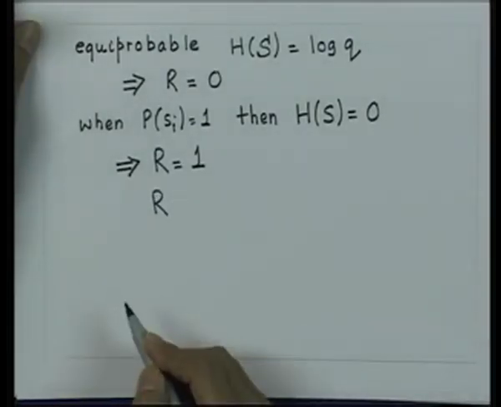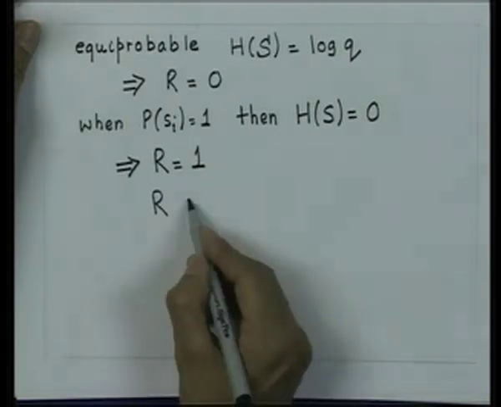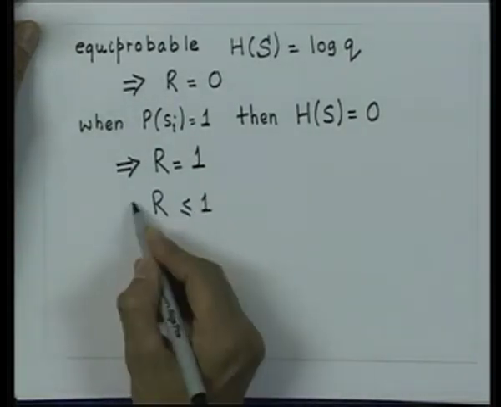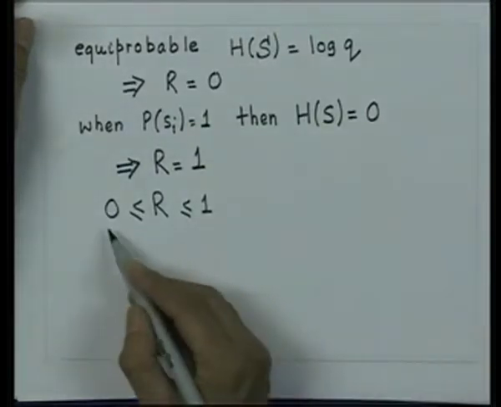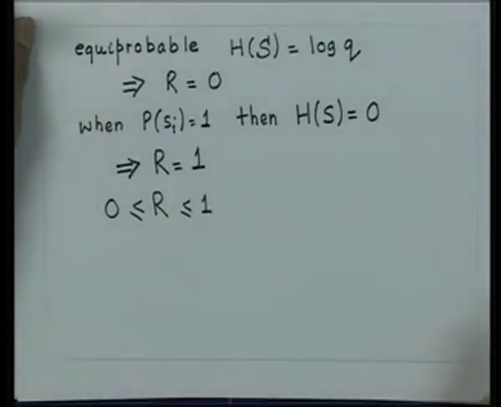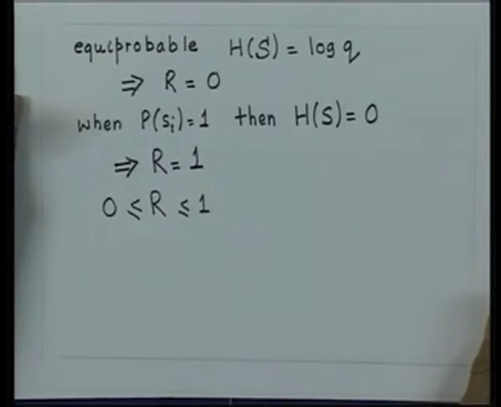So, the value of your redundancy will always lie between these two values 0 and 1. The lower bound is 0, the upper bound is 1.